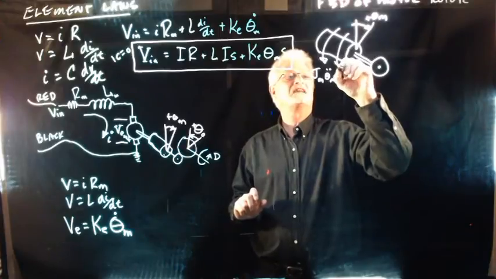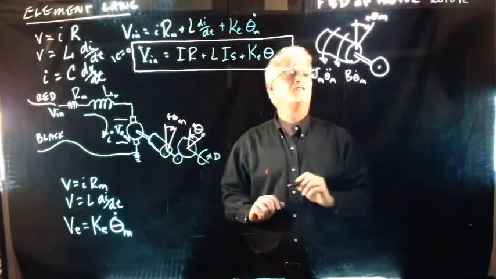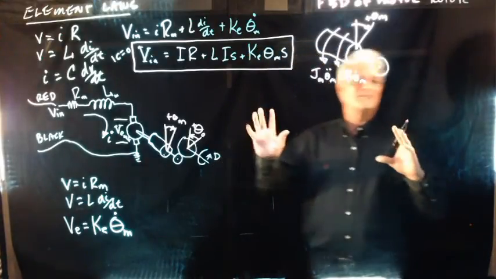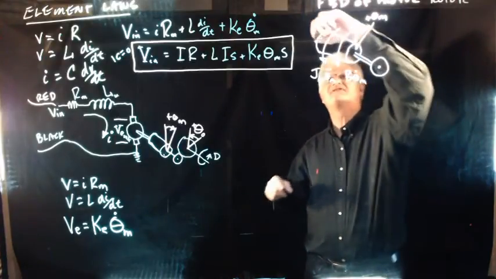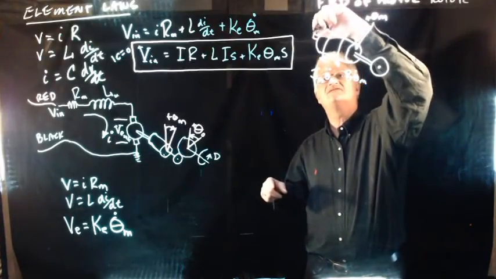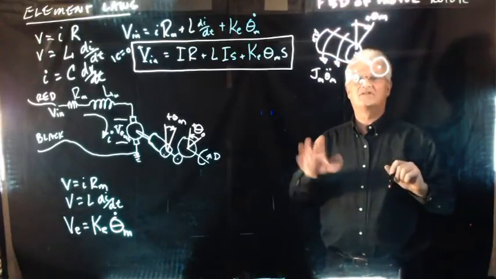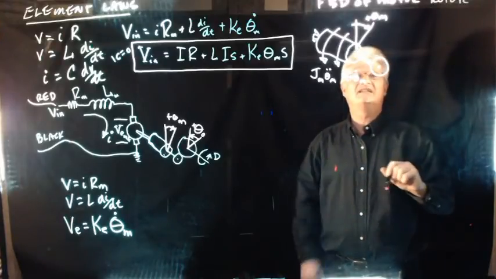I'm also going to include a B theta dot m on the motor, because I'm going to say somebody put some kind of WD-40 on the shafts, so there's some kind of damping on the motor shaft somewhere along the line. It could be very low, and later we can set that to 0, but for now I'm going to include it.